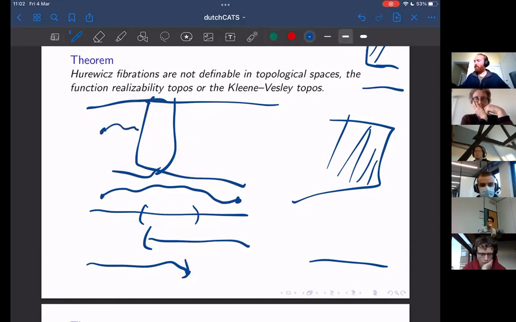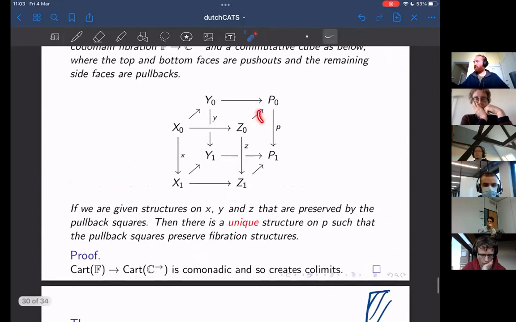So there's a whole bunch of different things we can take it to be that would all witness this being a fibration.